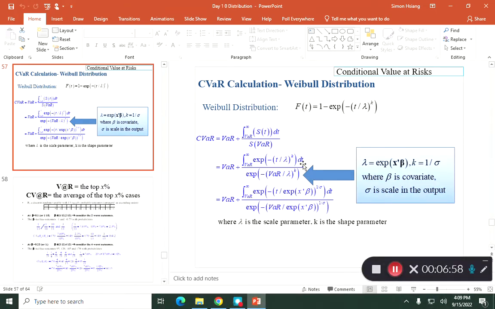And same thing, CVaR equals VaR plus some region of blue, and then the integrations of some regions. And look here, if this is F(t), 1 minus F(t) becomes just the exponential part.